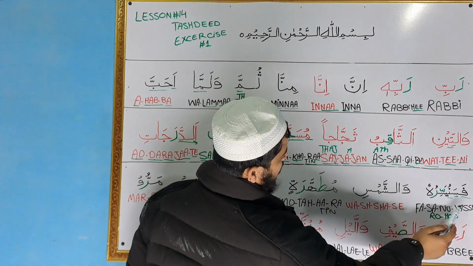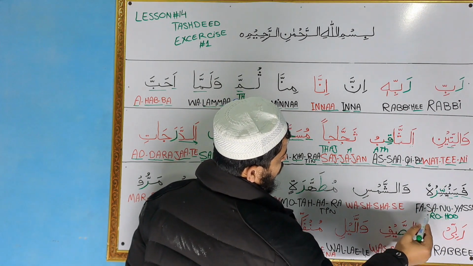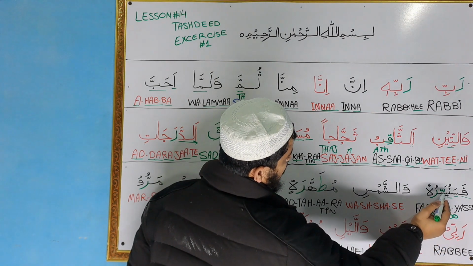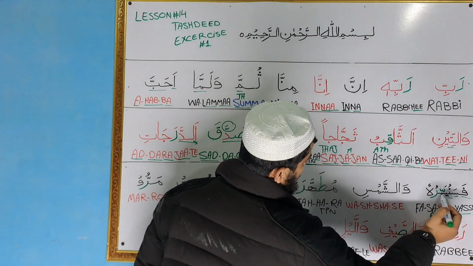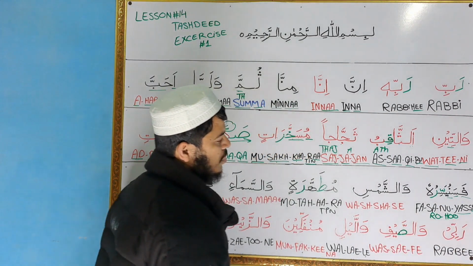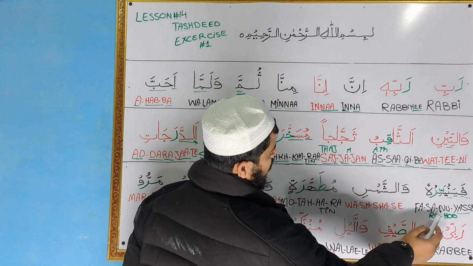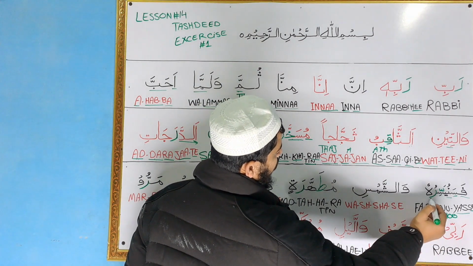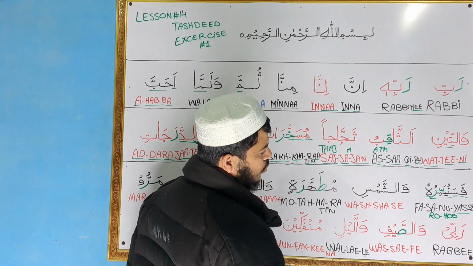Fa fatha fa, sin fatha sa, noon dhamma nu, fa sa nu. Ya goes to sin, ya sin kasra yas, sin kasra si, nu yassi. Fa sa nu yassi, ra dhamma ru, ha standing dhamma hu.